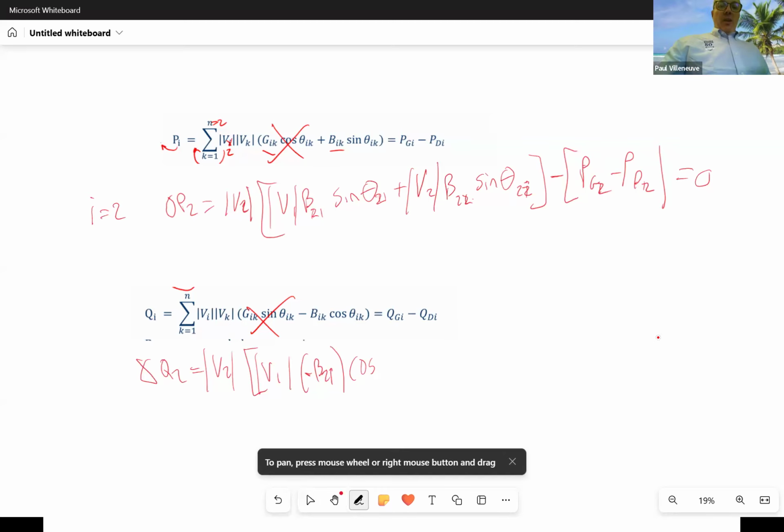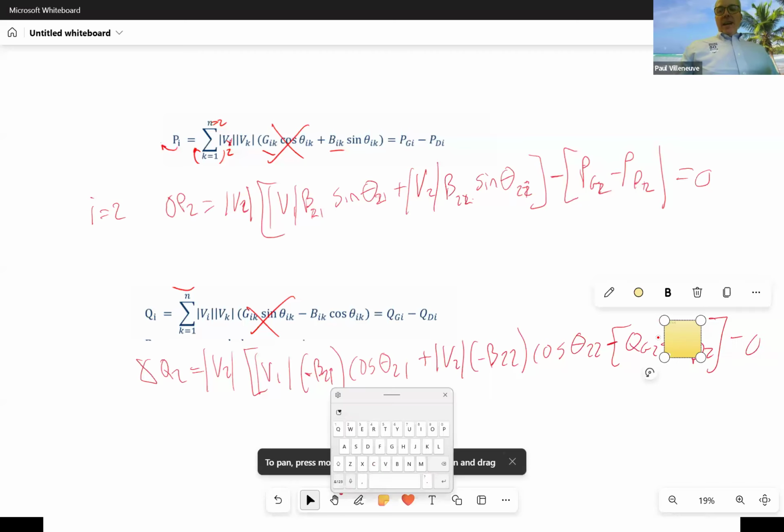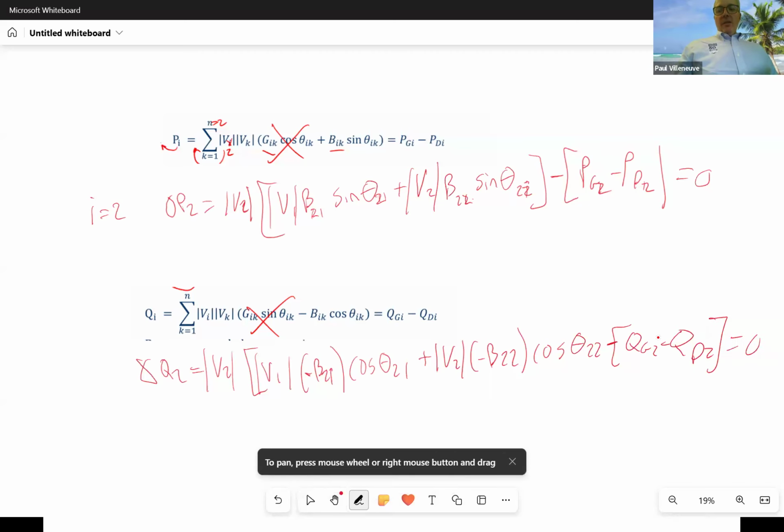So this is a cosine of theta 2, 1. Then I add to that the magnitude V2 times negative B22 times the cosine of theta 2, 2, minus QG2 minus Q demanded 2, and that equals 0.